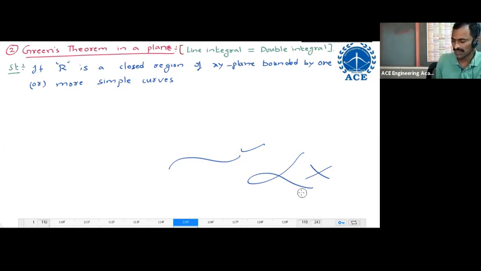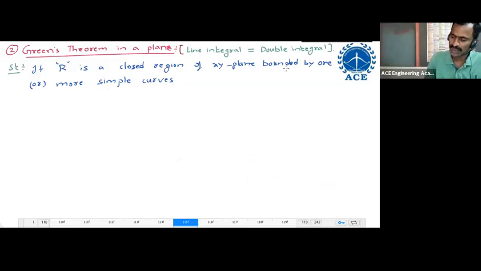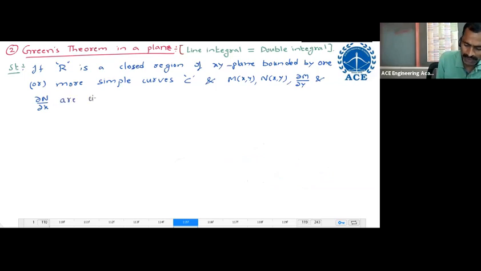If the curve crosses itself, it is not a simple curve only. Throughout our discussion, we consider only simple curves. Closure means simple closed curve. So bounded by one or more simple curves C, and M of x comma y, N of x comma y, dou M by dou y and dou N by dou x are continuous functions in the region R.